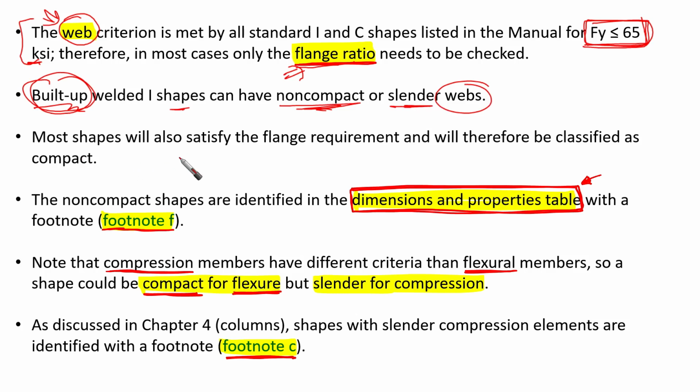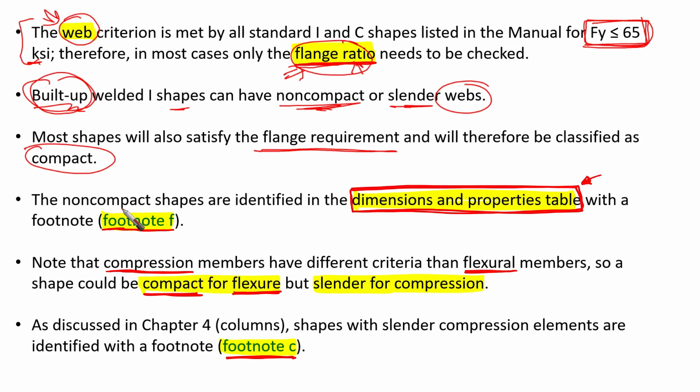Most shapes will also satisfy the flange requirements. I said that you need to check the flange requirements, but you are going to find that most shapes satisfy them and will therefore be classified as compact. That's common.